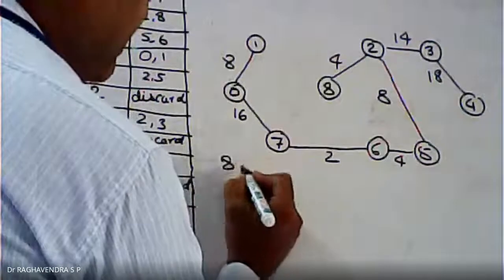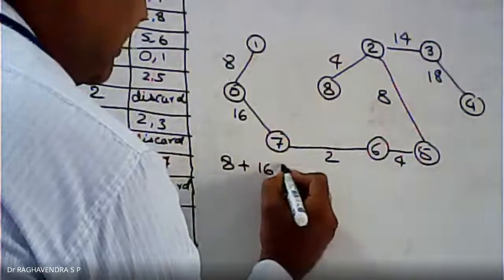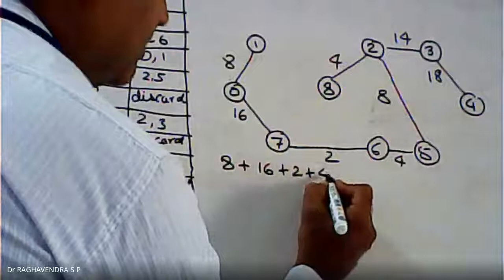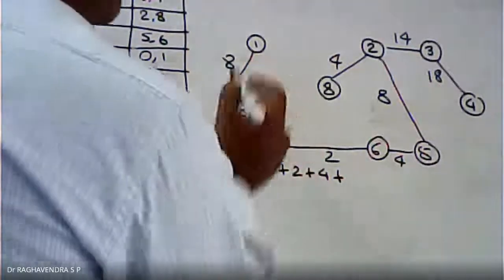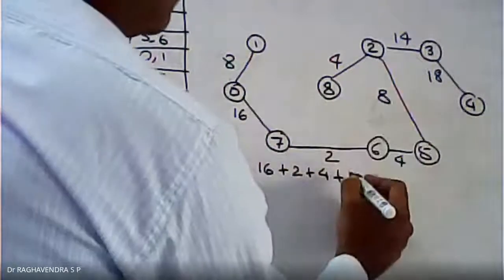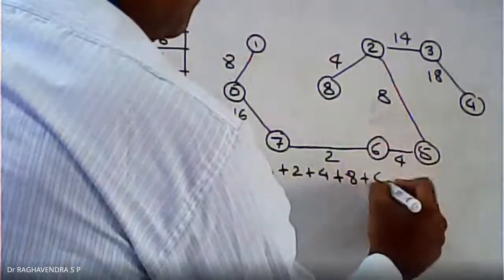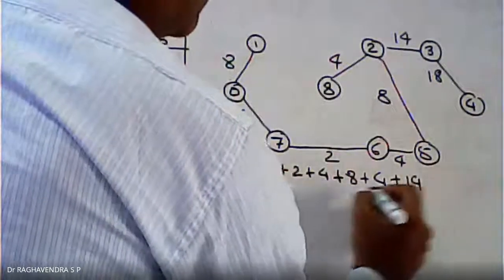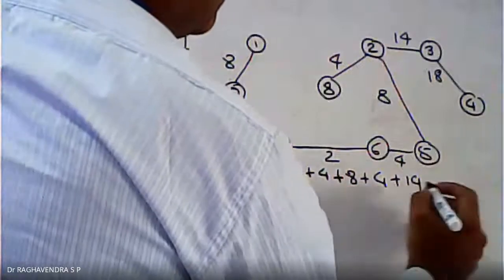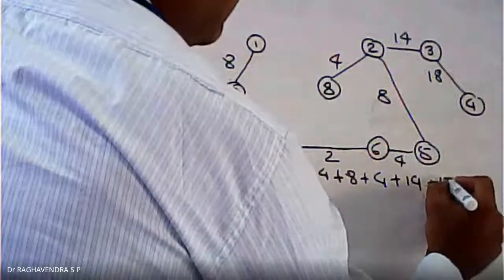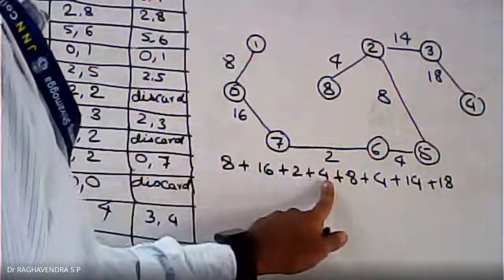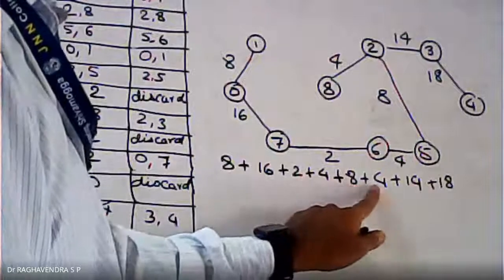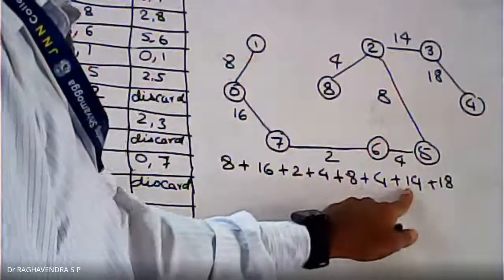So sum it up: 8 plus 16 plus 2 plus 4 plus 8 plus 4 plus 14 plus 18.